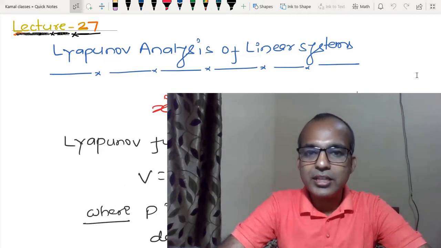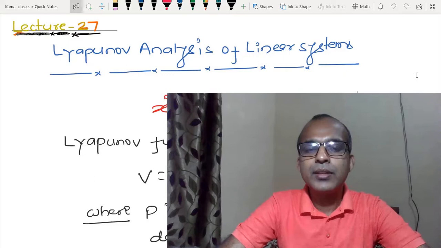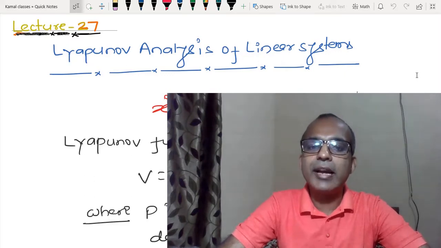Some intuition, some idea of the solution, some physical intuition is required. Then only can one construct a Lyapunov function for a nonlinear system. But at least we are happy that for linear systems we have a systematic way to create a Lyapunov function.